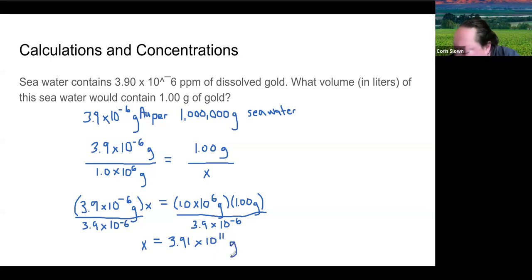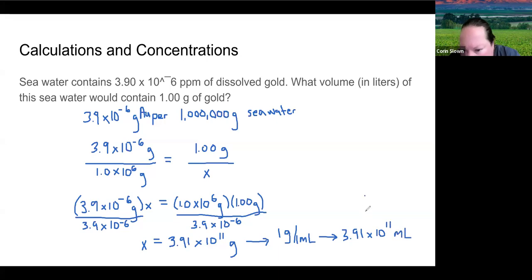Obviously, I can convert that to milliliters. If I assume 1 gram per 1 milliliter, then it becomes 3.91 times 10 to the 11th milliliters.